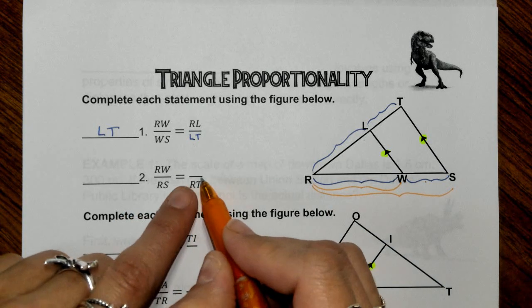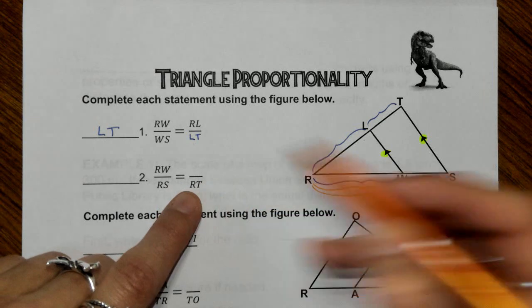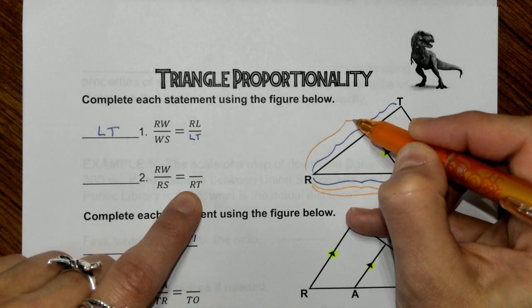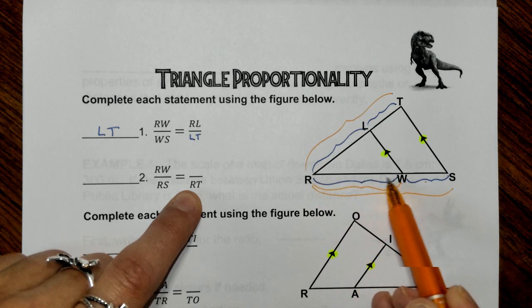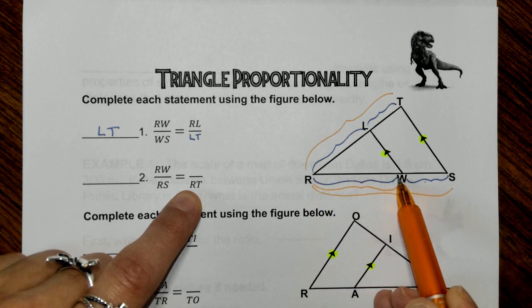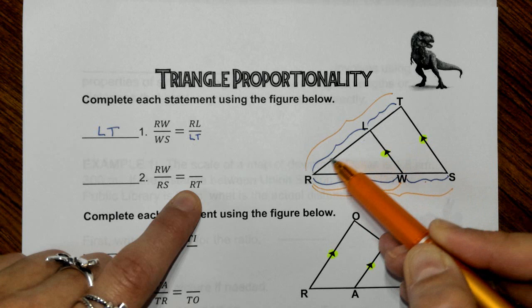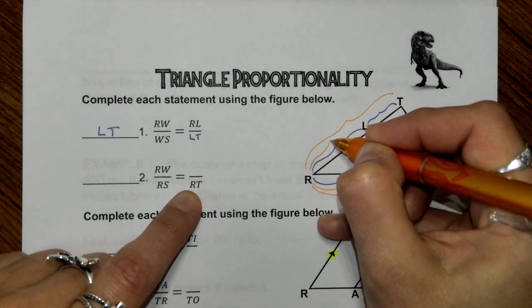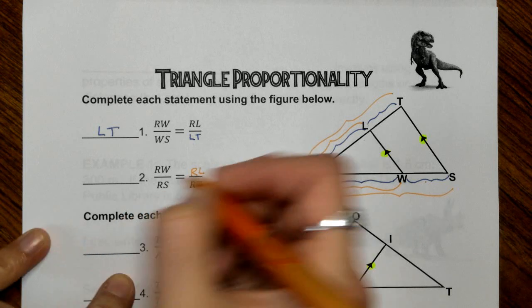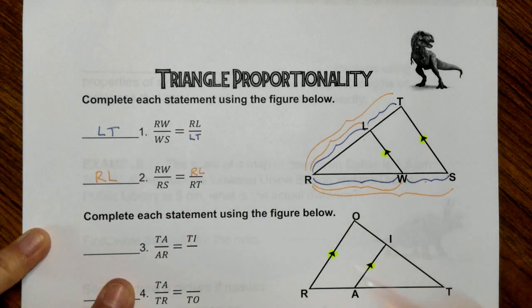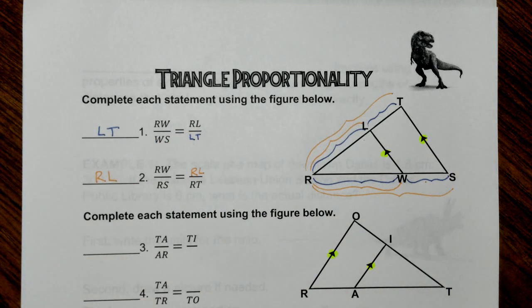So then here we're looking at blank to RT, which is the whole. Well, which part did they use over here? They used basically the smaller triangle. So we need to use that same part right here. So we'd be using RL. As we start working on these, it'll help you out a little bit more.